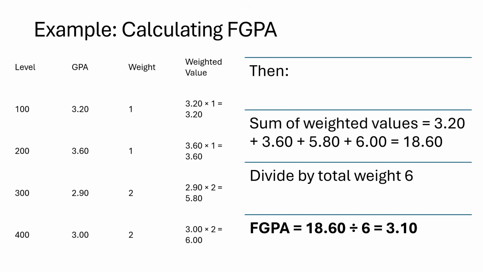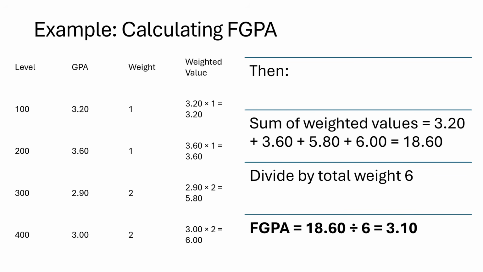So when it gets to level 300, we multiply Mr. Danopoku's GPA over there, which is 2.90, times 2. Likewise, the same thing for his 3.0 times 2. So for level 300, he has 5.80. For level 400, he has 6.00.